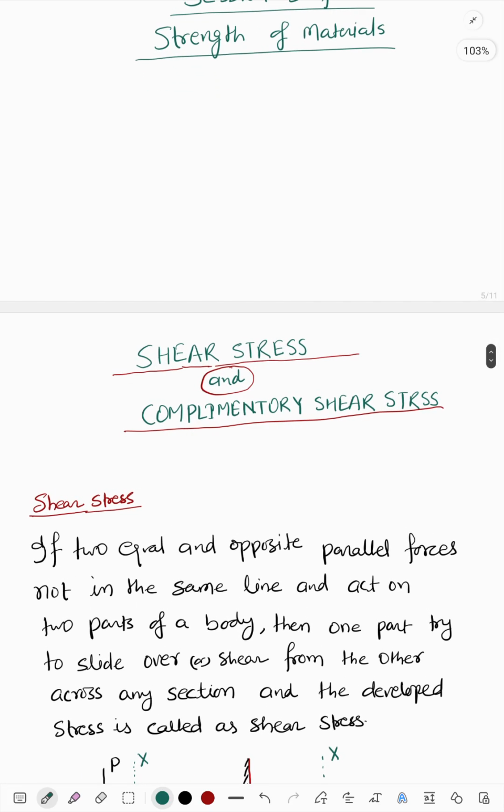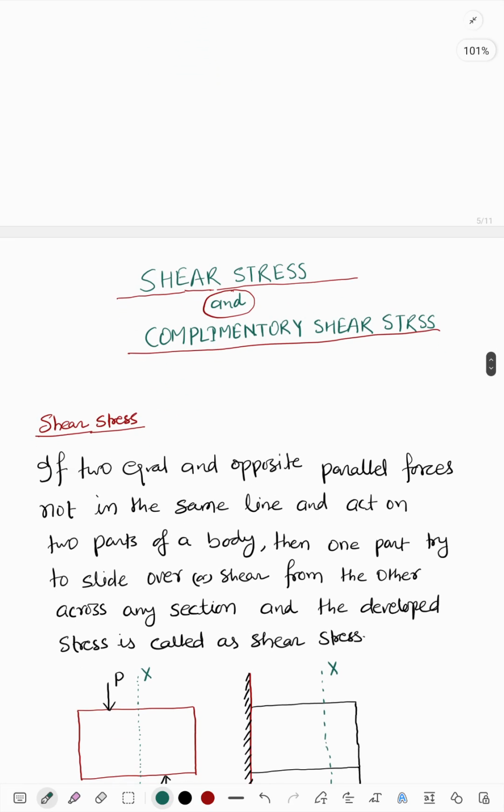As it is defined here, if two equal and opposite parallel forces are not in the same line.